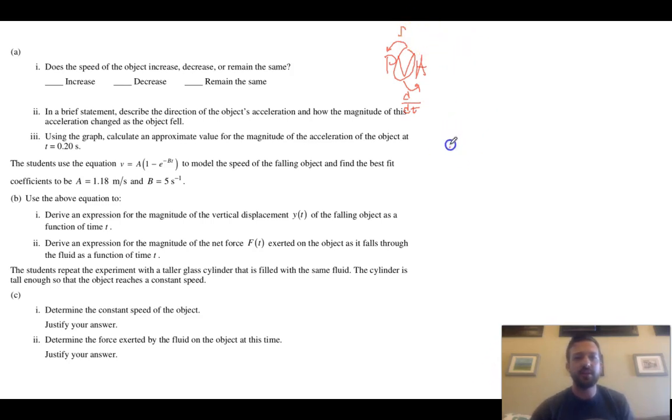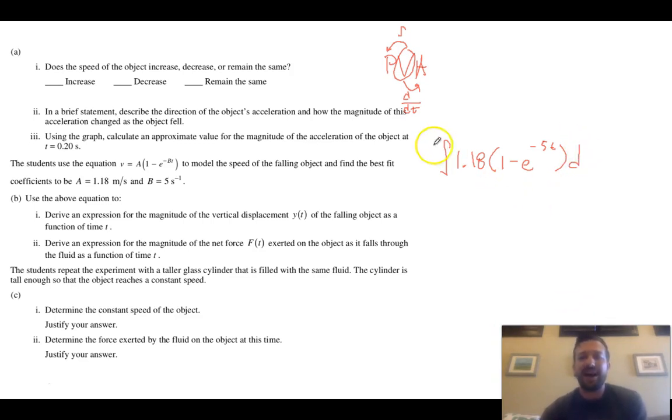So we're going to do the integral of A, and I'll put the numbers in there. I usually like doing stuff with the numbers. 1.18 times (1 minus e to the -5t). Okay, now they wanted it in terms of t, right?